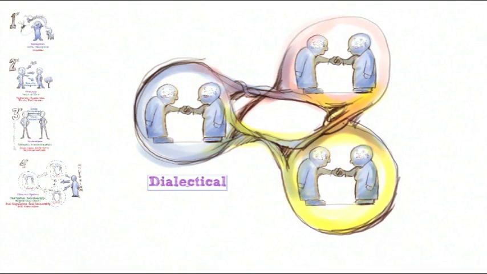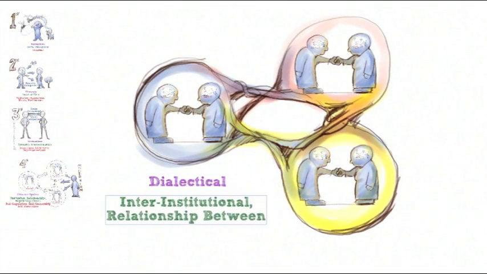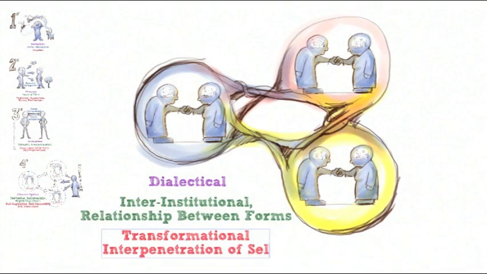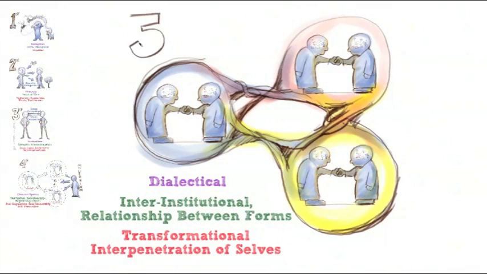So this is what he calls a dialectical cognition, with interinstitutional relationship between forms, a transformational interpenetration of selves. This is the fifth order of consciousness, which is postmodernism.